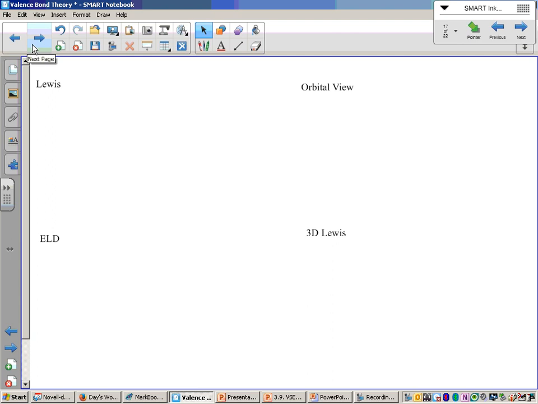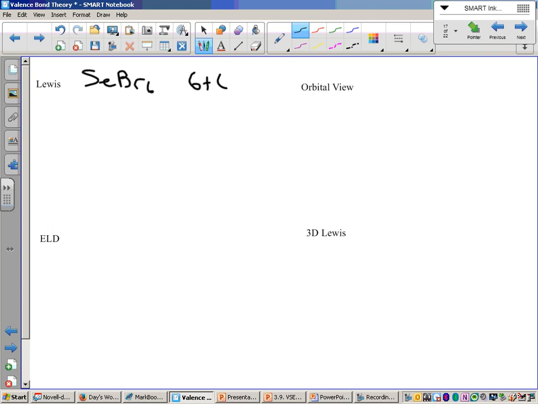SeBr6. Selenium is in group 16. 6 plus 6 times 7.